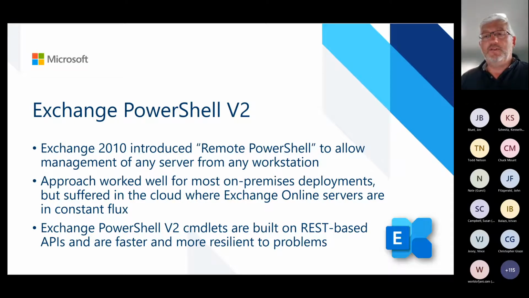And if an Exchange server suddenly disappears in the middle of doing something, you end up with a PowerShell cmdlet that can't complete. So the Exchange PowerShell v2 cmdlets are built on REST-based APIs and are faster and more resilient to problems. But at the end of the day, what we have is a set of fast REST-based cmdlets and a whole pile of legacy stuff that has gradually been upgraded, but still works pretty much the same way.